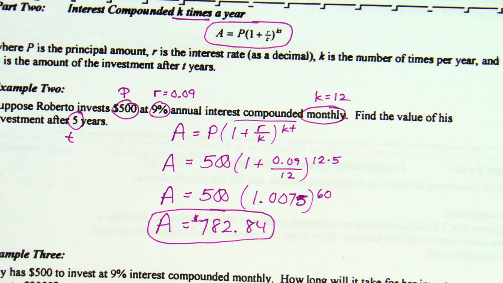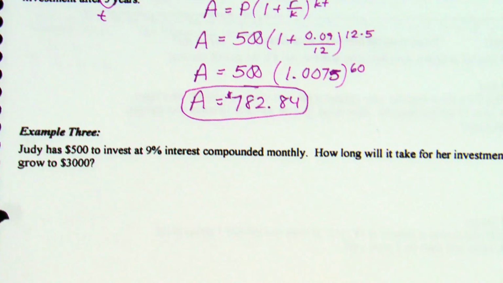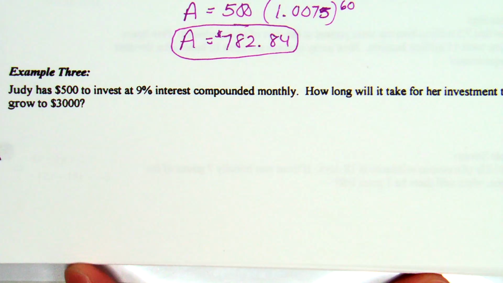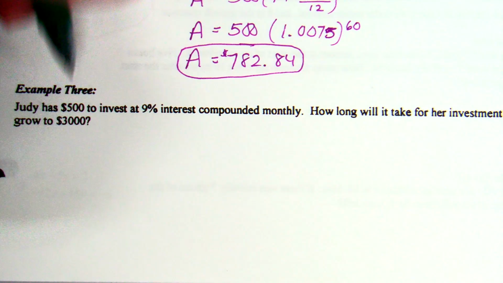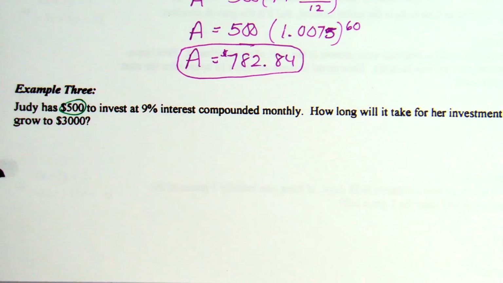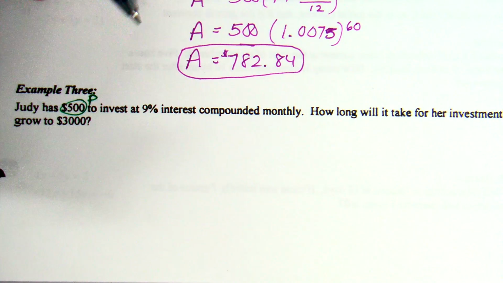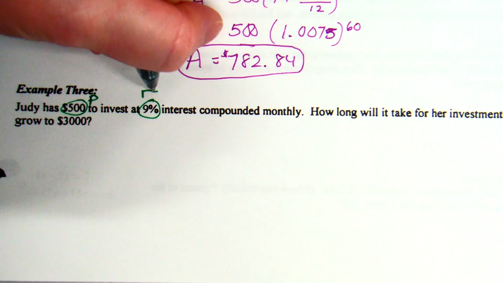Okay, so let's still go ahead and identify real quick. Let's see, what do we know? 500 is my P, 9%.